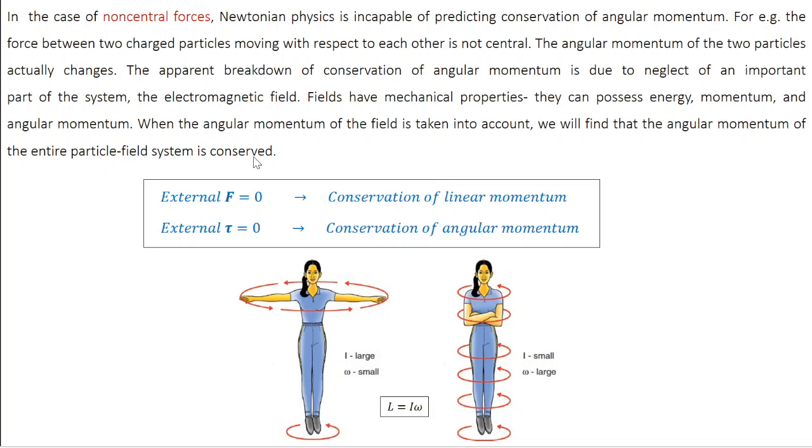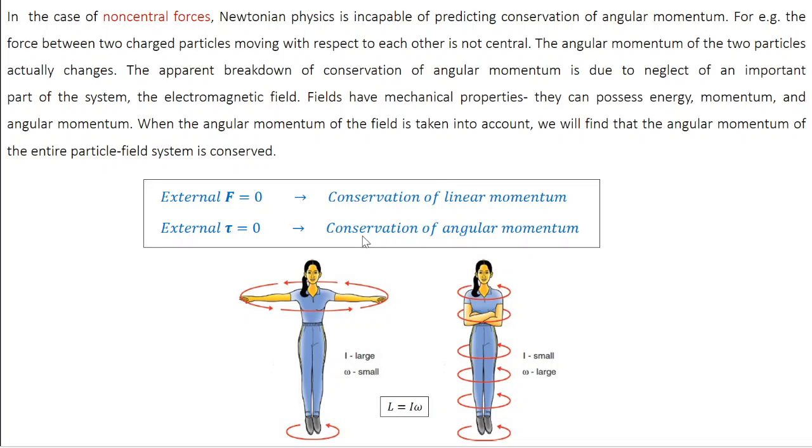So conservation of angular momentum is a universal principle which is true in any isolated system. In summary, when the external force acting on a system is 0, its linear momentum is conserved. When the external torque acting on a system is 0, its angular momentum is conserved.